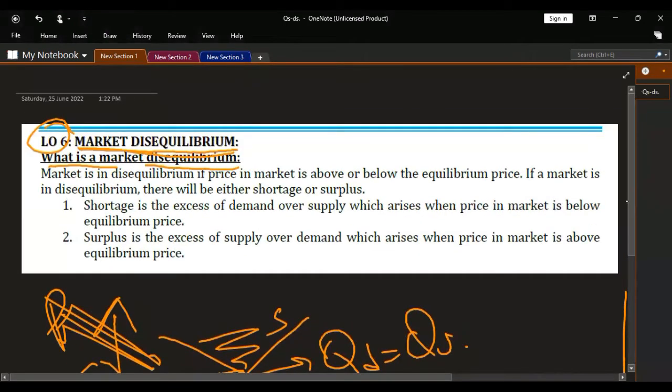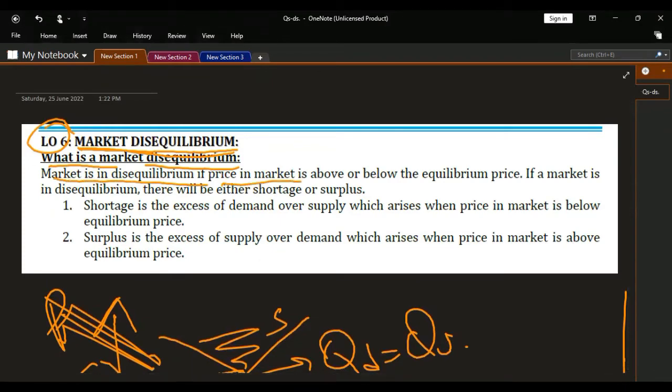So what is market disequilibrium? The market is in disequilibrium if the price in the market is above or below the equilibrium price. If a market is in disequilibrium, either a shortage or a surplus will be created.